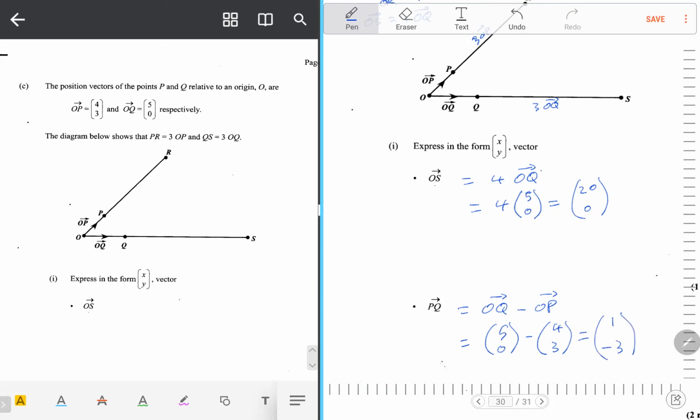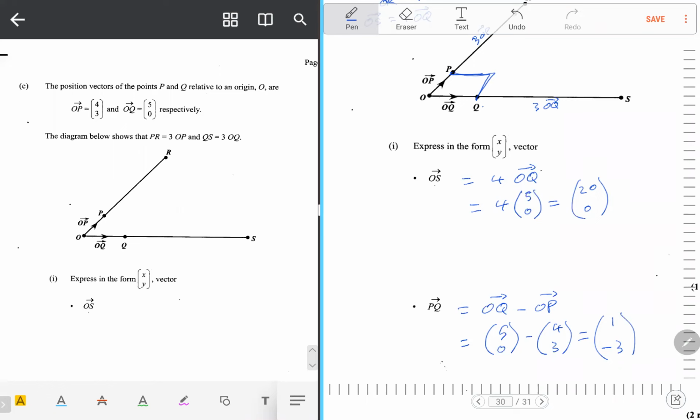What it means is that from P to Q, we go 1 this way and -3 that way. That's what it basically means.